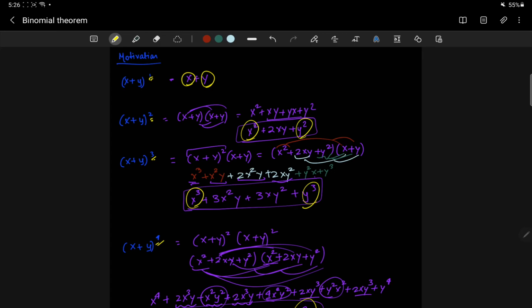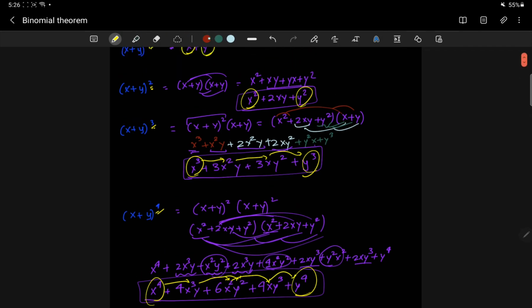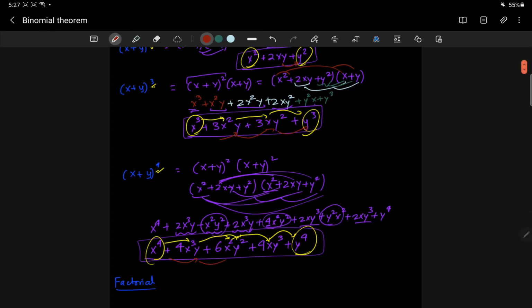We also notice that the power of x is reducing: from 2 to 1 to 0, from 3 to 2 to 1 to none, from 4 to 3, 3 to 2, 2 to 1, 1 to nothing. Similarly, the power of y is increasing: 0 to 1, 1 to 2, 2 to 3, 3 to 4.